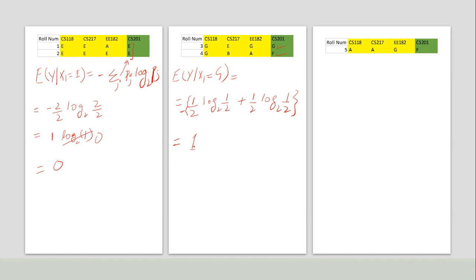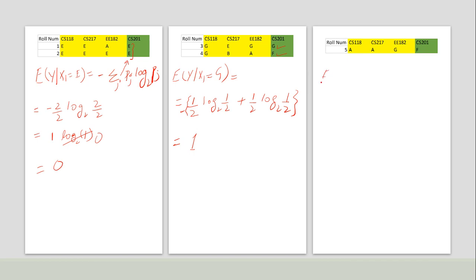This is the value 1 that I could also have predicted from the formula before calculating, but to show how it is calculated, I have shown all the calculations. For the third data set, there is only one value and that has a particular label, so it's again a pure data set.